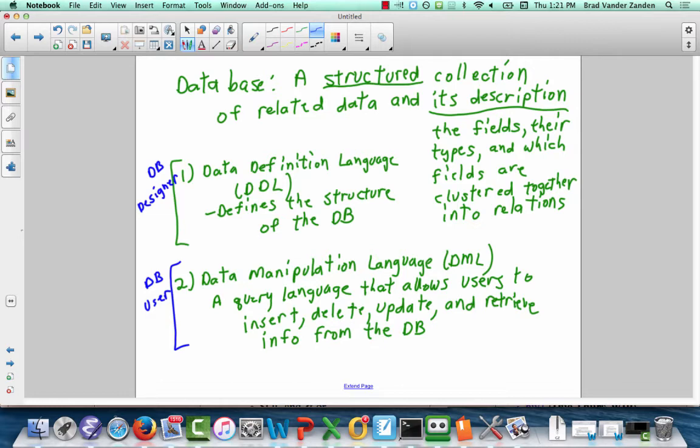So these are the two principal elements of what we call a database management system, so DBMS. So a database is part of a database management system.